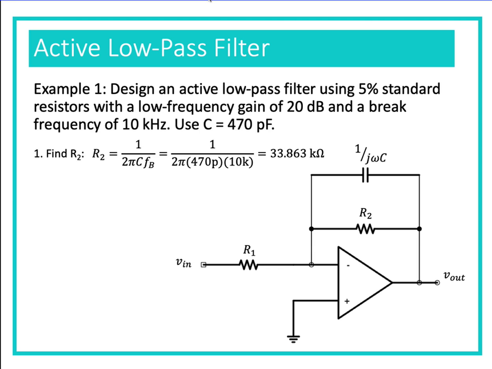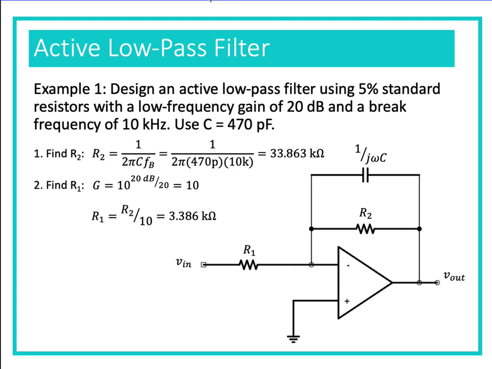Once we get that, we can find R1 because we've been given the low frequency gain. We do have to turn that from a decibel number to a plain number. So we take 10 to the power of 20 dB divided by 20, since 20 log of 10 equals 20 dB, and we get a gain of 10.